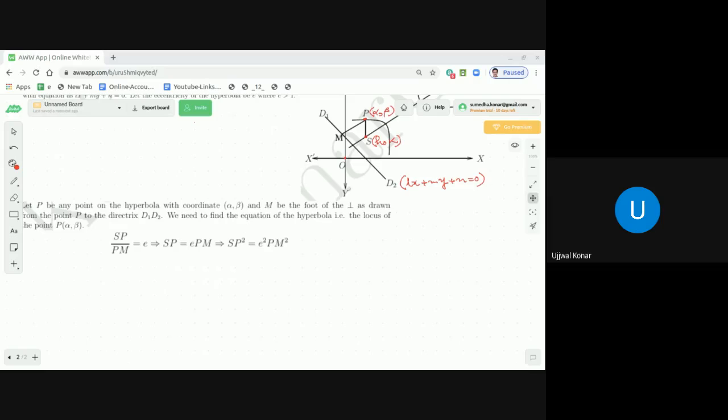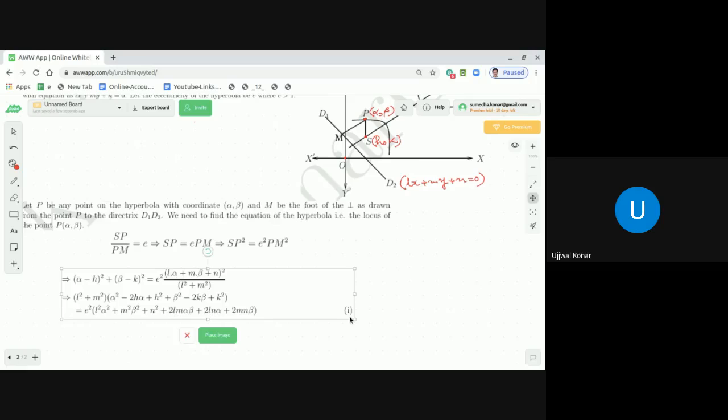It is the exact way of doing the derivation of the general form of the ellipse. Now what is SP? We know the coordinates of the points S and P, so it is very easy to find SP square. That is nothing but alpha minus h whole square plus beta minus k whole square, which is equal to E square into PM square.